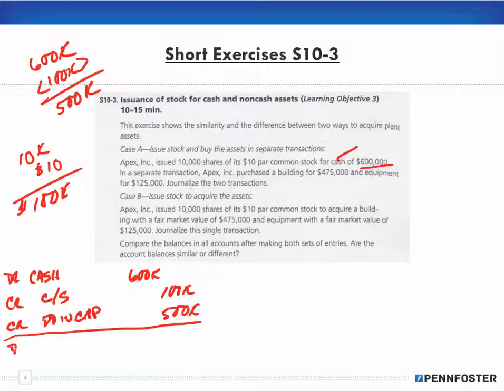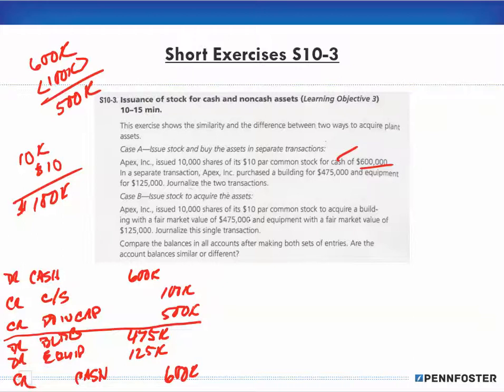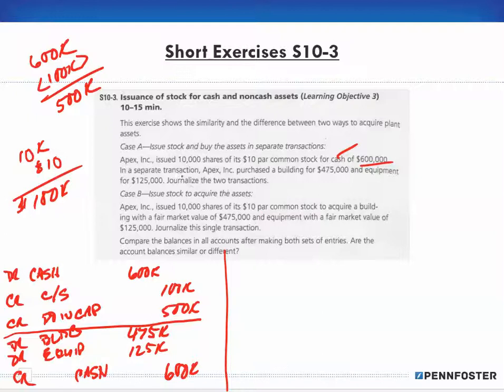So we're going to debit building for $475, debit equipment for $125, and credit our cash for the 600,000. Okay, so basically what they did was they said, we're going to issue stock, and the cash that we get from the stock, we're going to buy those assets.